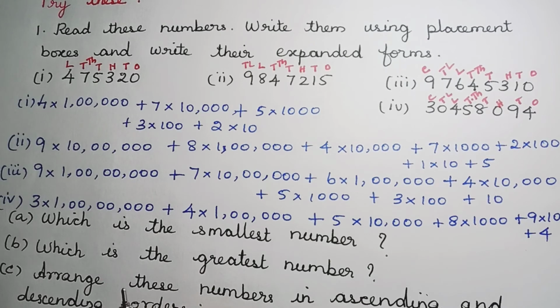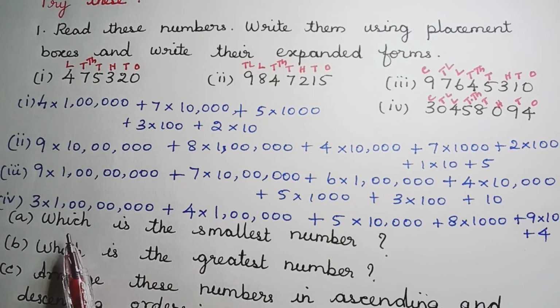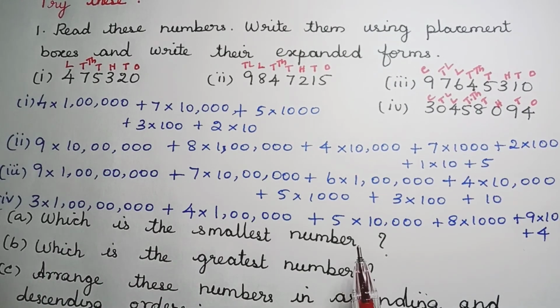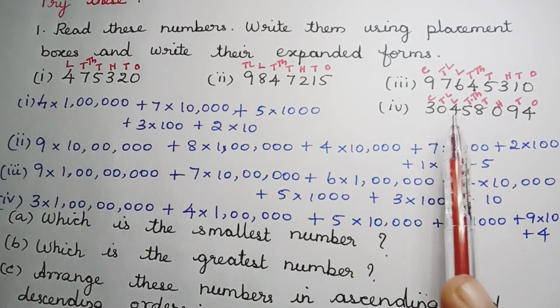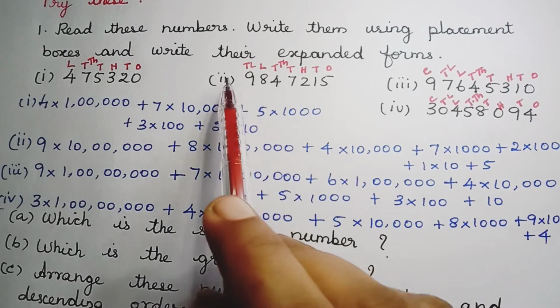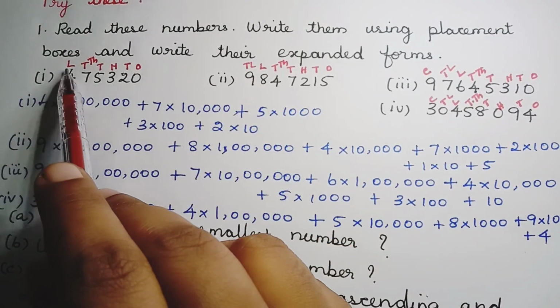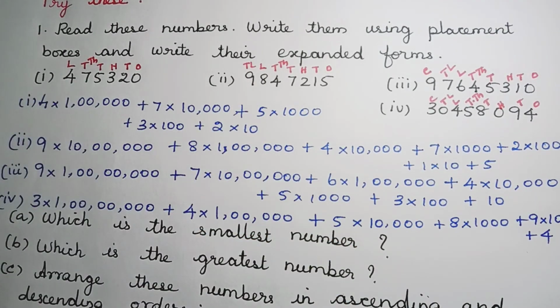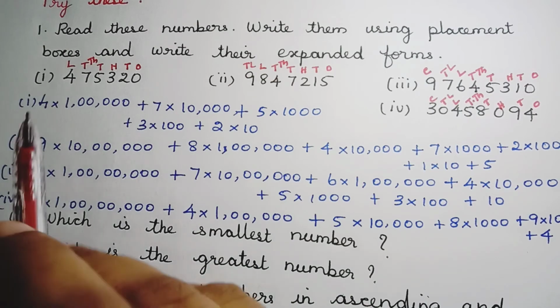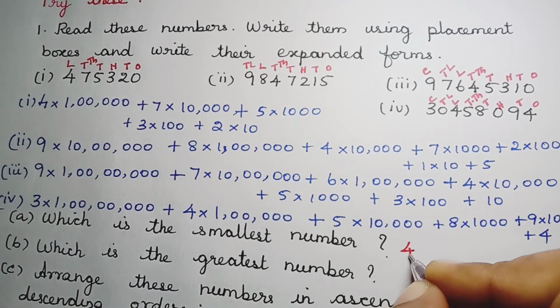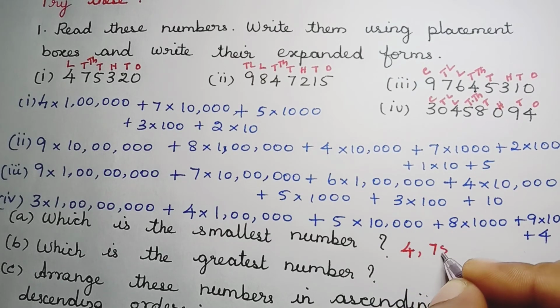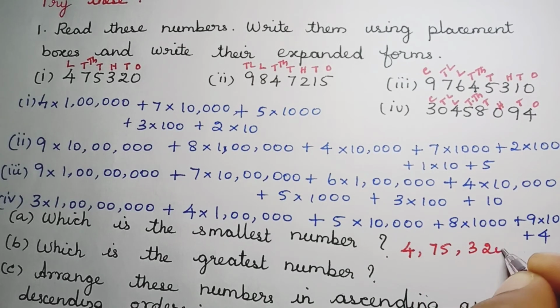Now we will find the answers to the questions. Which is the smallest number here? From this you can find out which is the smallest one. You have 2 crores here and 10 lakhs and the lakhs. See the first digit. Which is the smallest? This one with lakhs is the smallest number. So the smallest number is 4 lakhs 75,320.